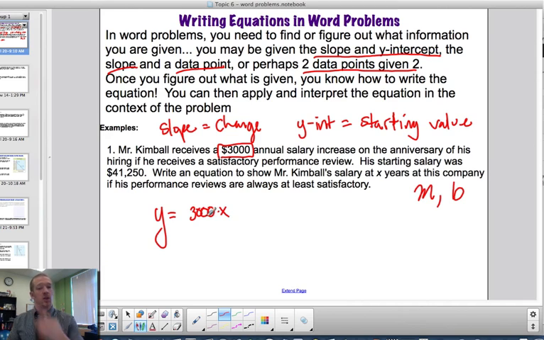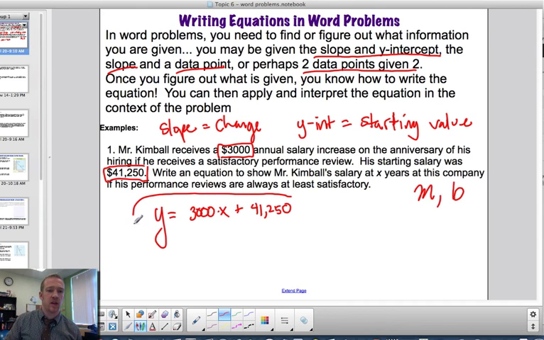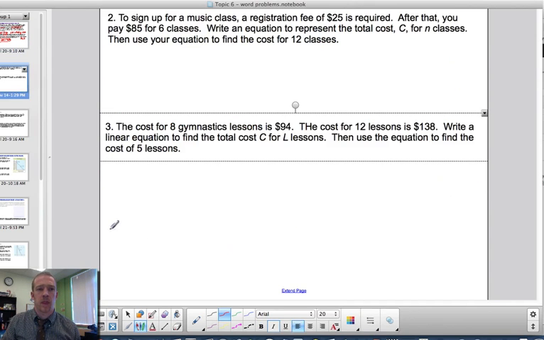So he works at 1 year, up by 3 grand. 2 years, 6 grand more than he started with. Plus our y-intercept. Here our starting value is 41,250. So that is our equation right there. If we wanted to know how much he made after a certain number of years, we just plug it in for x.